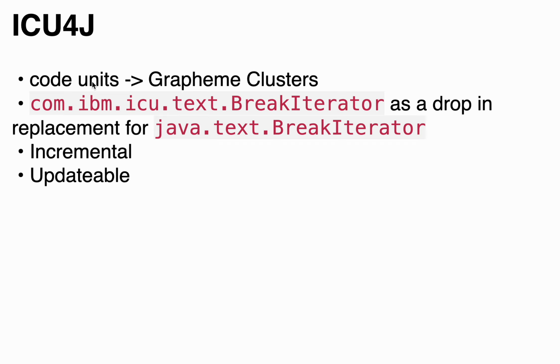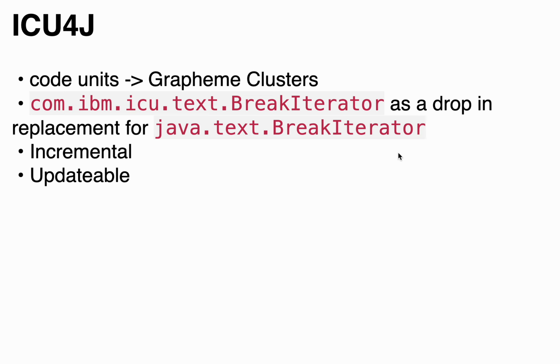And so this is not something I want to spend time and do, and that's why I use this library. I mainly only use this one class, BreakIterator, which is a drop-in replacement for the standard java.text.BreakIterator, which is a Java standard library class that has the same interface.